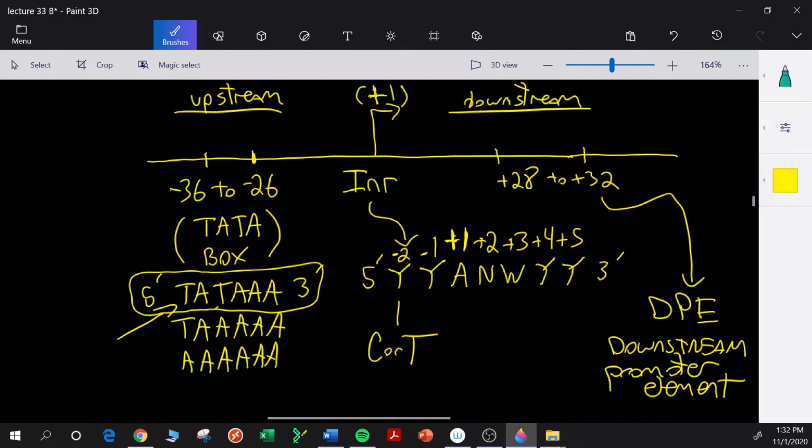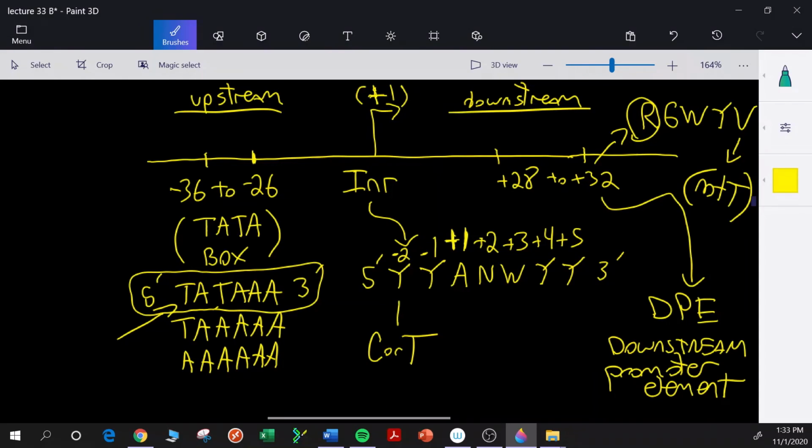Okay, and what is the consensus sequence there? For that one, the consensus sequence is R, G, W, Y, and V. And, okay, what was V? V essentially means not T, so it can be A, G, or C. And R is for purine, so A or G.